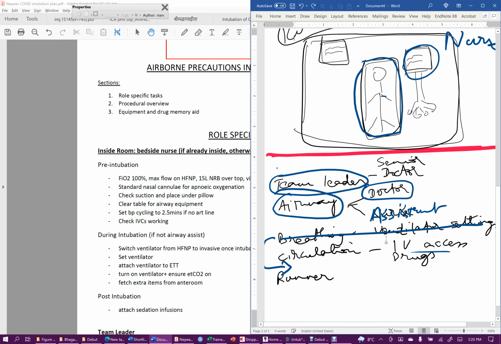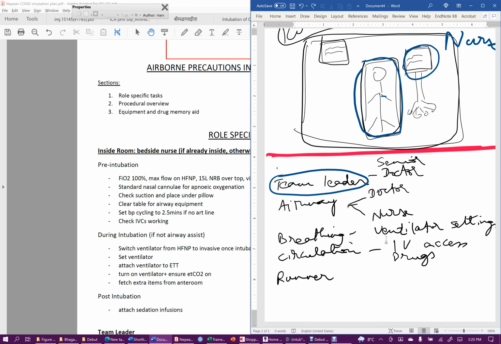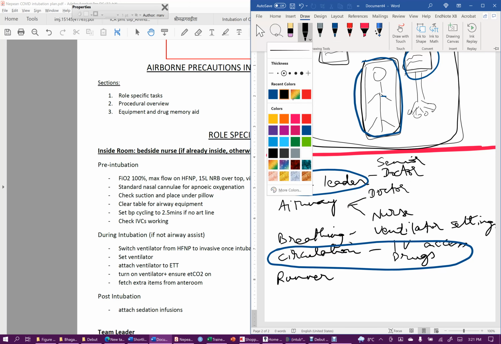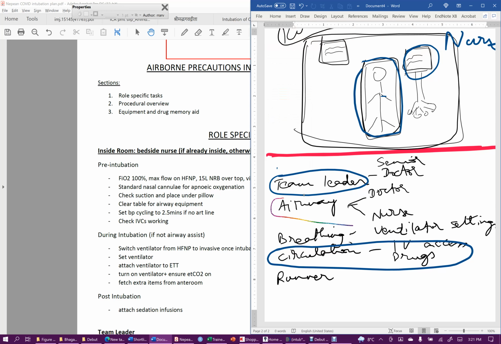So the team leader and the circulation person will be exactly the same, one single person, for IV access and drugs. Then, the airway requires two people, a doctor and an assistant for the doctor. So obviously this will be non-negotiable.